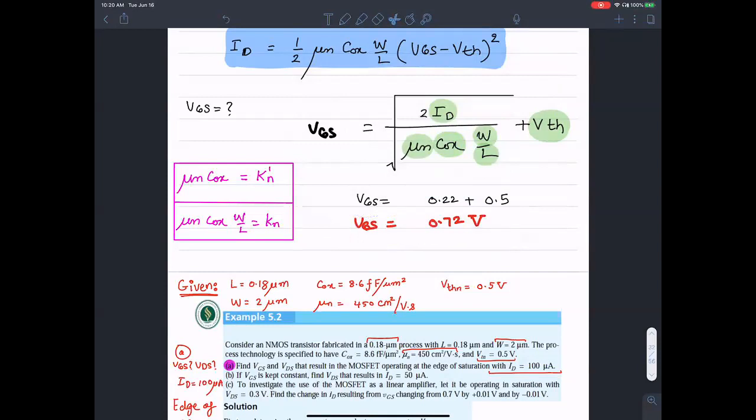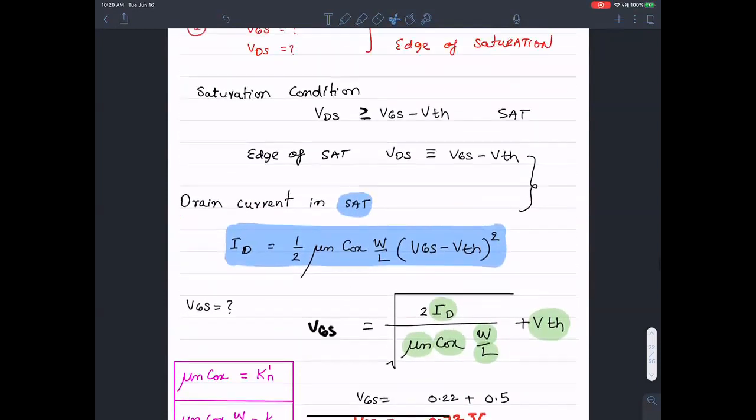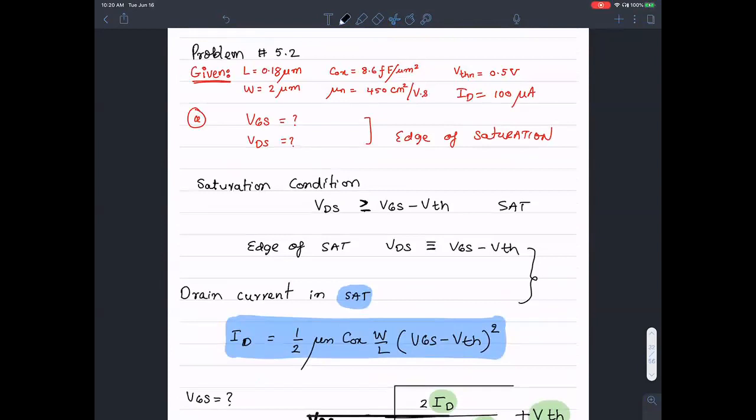One of the questions that we were trying to answer was VGS: 0.72 volts. Once we know VGS, what would be the value for VDS? See, VDS is VGS minus VTH.